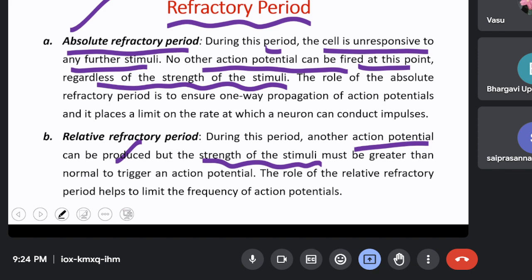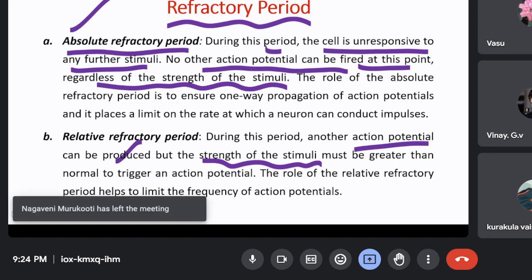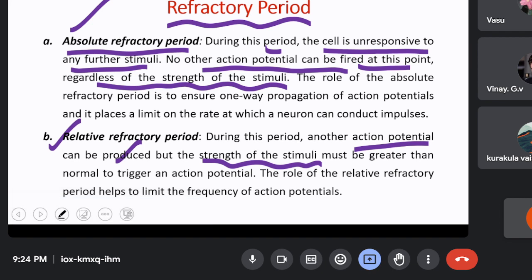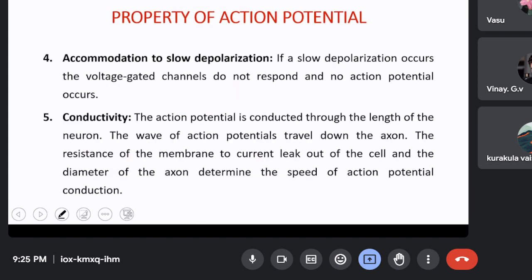If at that point you give a second stimulus, it should be stronger than the first one so that it can show an immediate response. This period where it can respond to a strong second stimulus is called the relative refractory period.